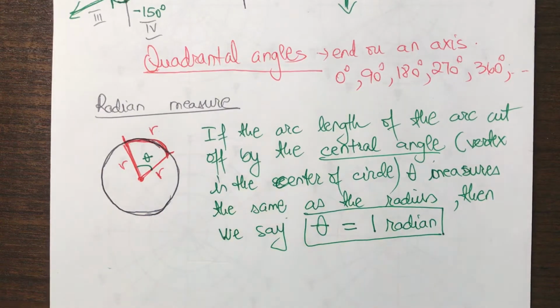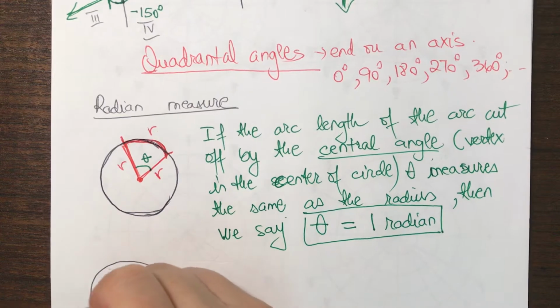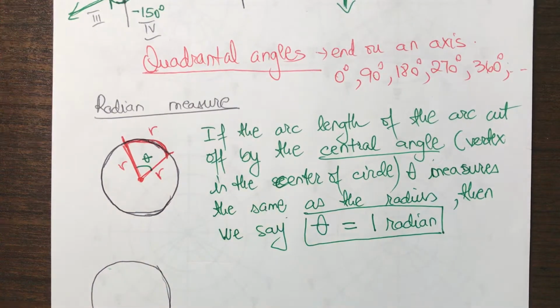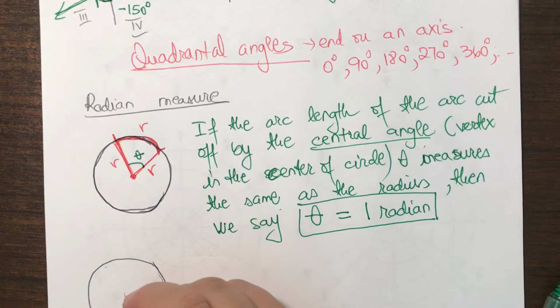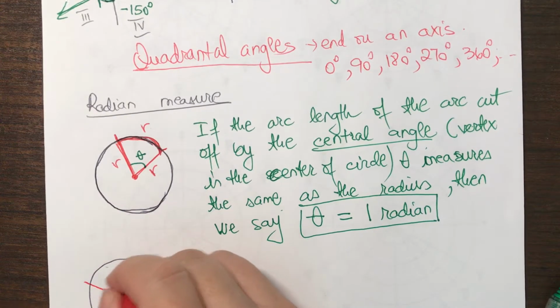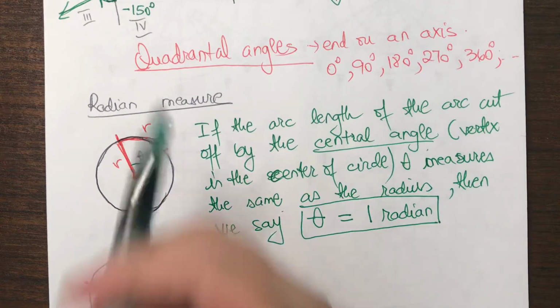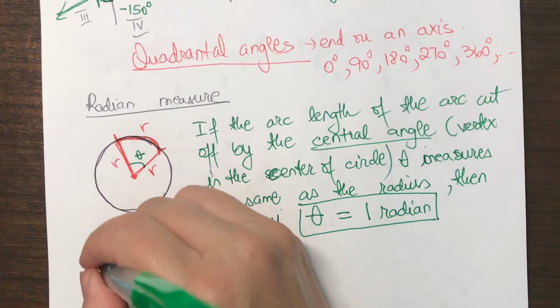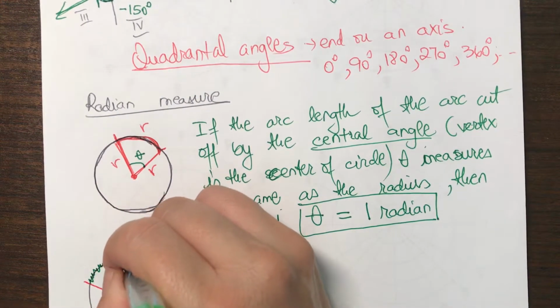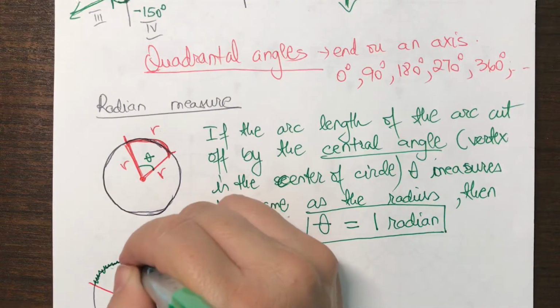So let me draw another circle. And here is an angle, theta, and it measures I don't care what. This is the radius though, and what this length is might not be 1, it might be 2 radiuses long, it might be 3 radiuses long, as a matter of fact.